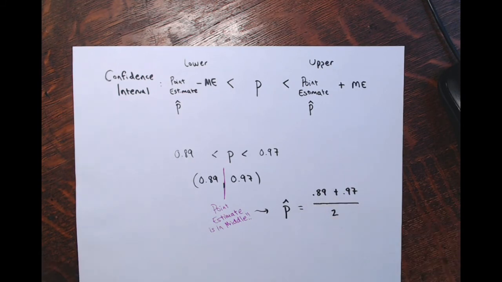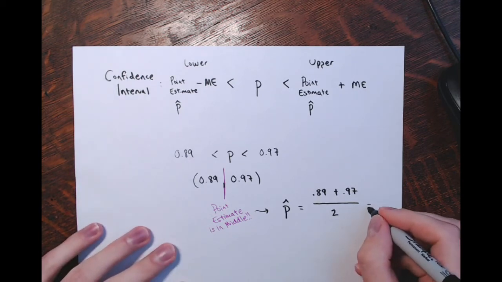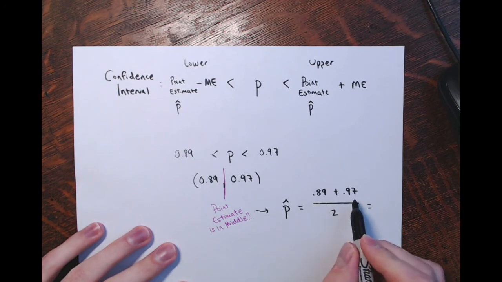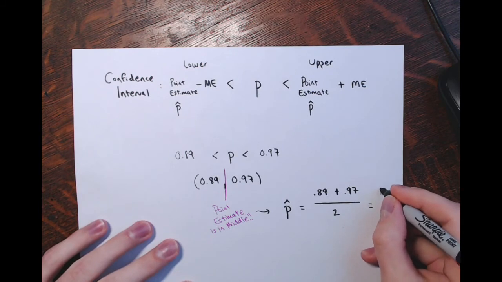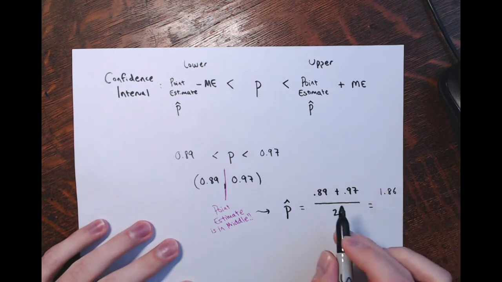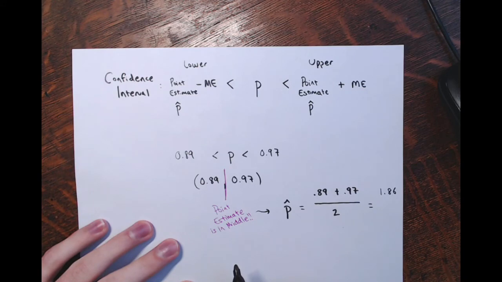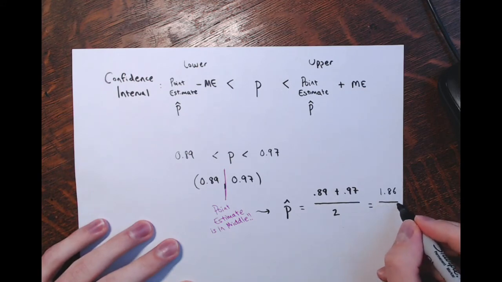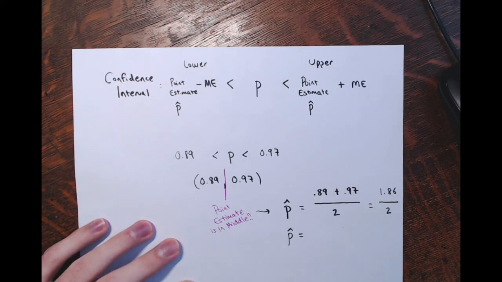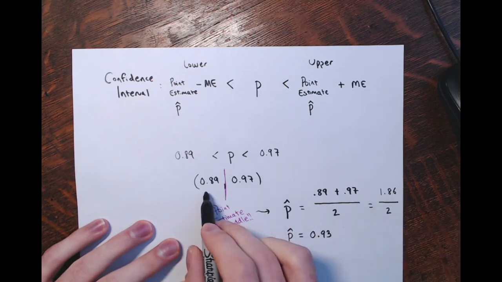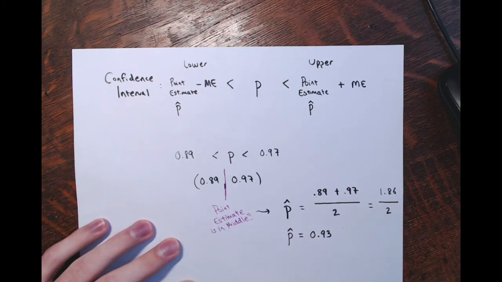You just take the average of the lower bound and upper bound. 0.89 plus 0.97 is 1.86. Then cut that in half. So the proportion of the sample that double checked their work is 0.93. That's half of 1.86, exactly halfway between these two values.